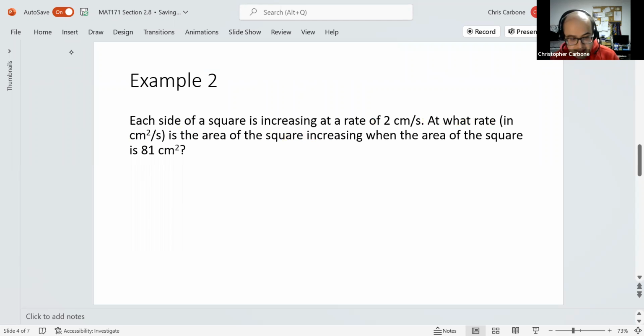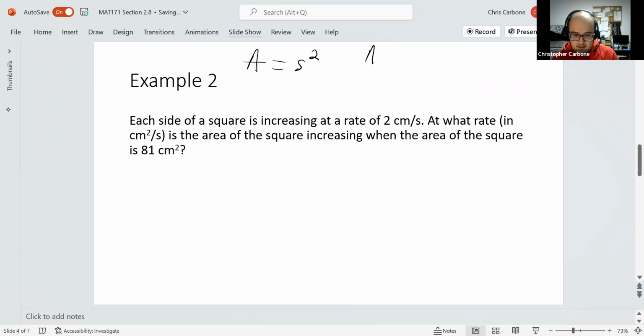For my second example, each side of a square is increasing at a rate of 2 centimeters per second. At what rate in centimeters squared per second is the area of the square increasing when the area of the square is 81 centimeters squared? Since this is a square, our formula is A equals s squared.